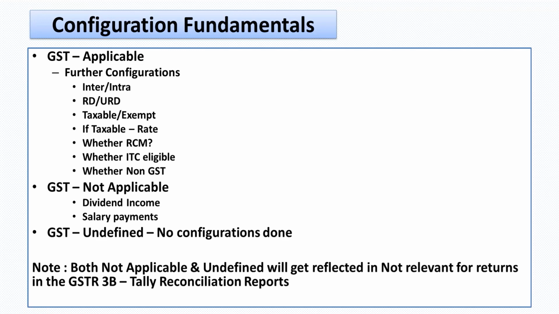If we select GST not applicable, then we are indicating that it is a transaction which is either not a supply or is not covered under GST itself. Examples are dividend income and salary payments. These are outside the purview of GST, so we might prefer choosing GST not applicable.